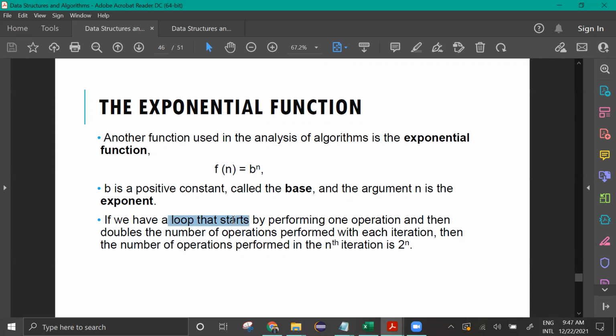In the first iteration we do something, and in the next iteration the amount of work we do would be double, and so on.